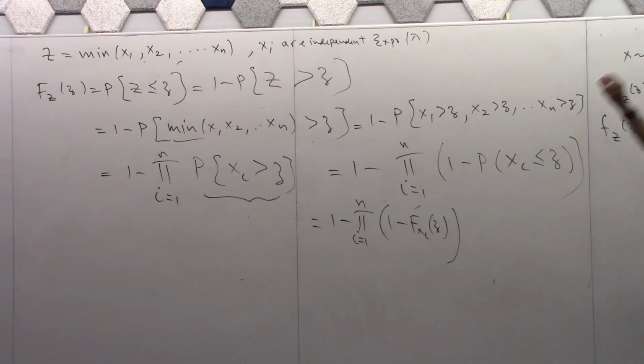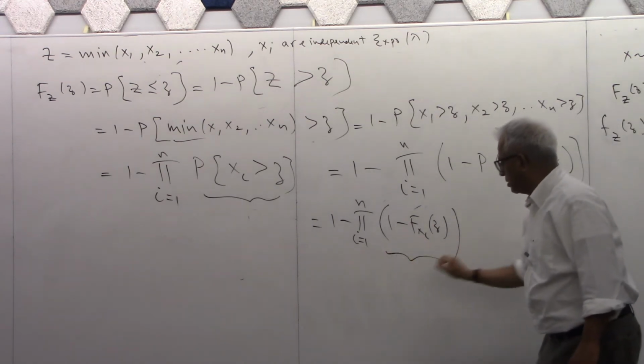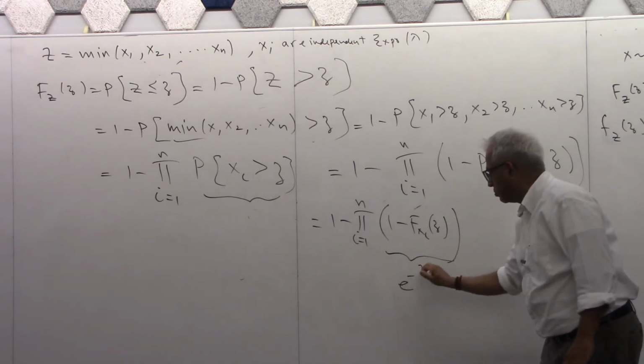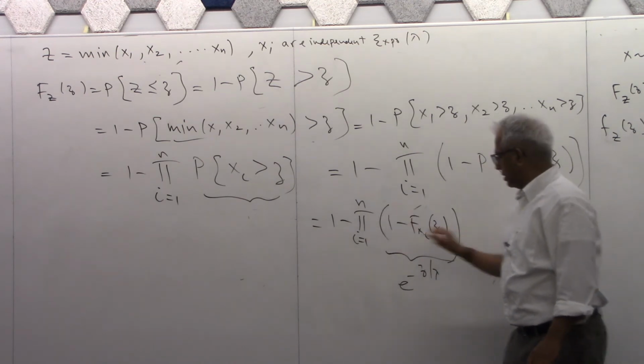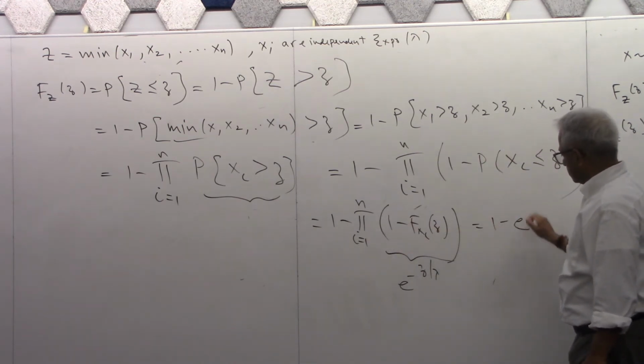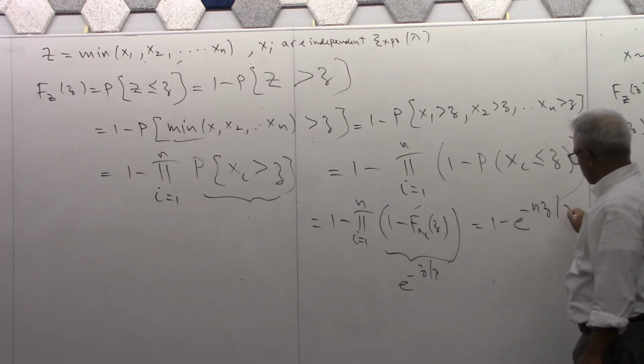So if they are all exponential, then this is just e raised to minus z over lambda, n times. So this is 1 minus e raised to minus nz over lambda.